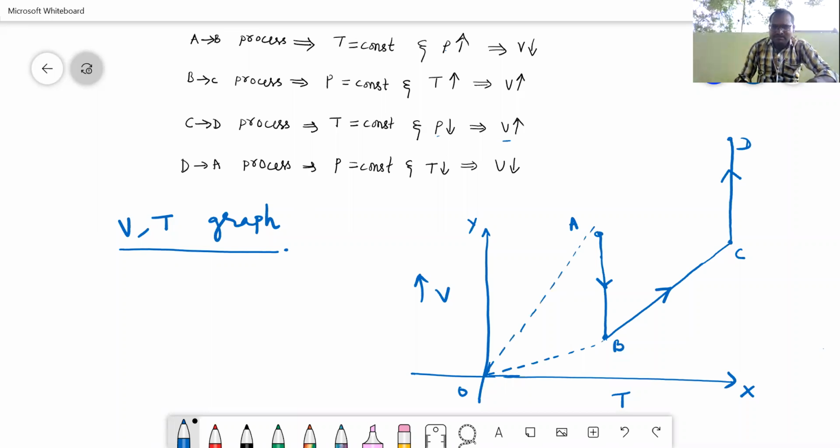Yes. This line we have to draw like this.